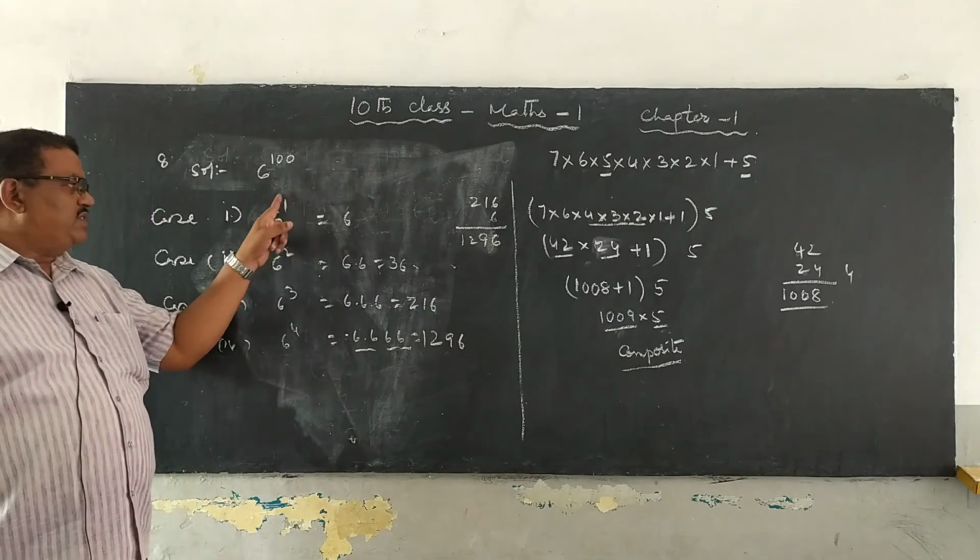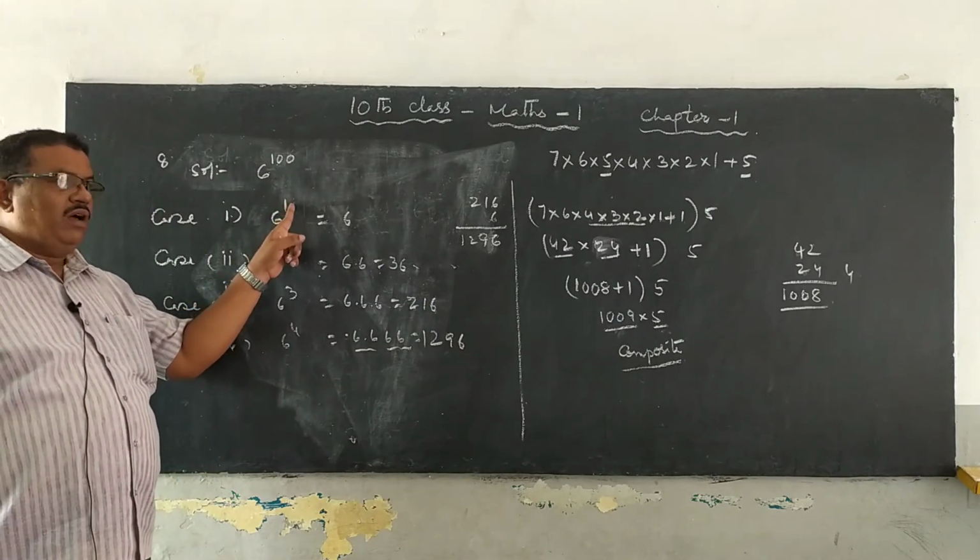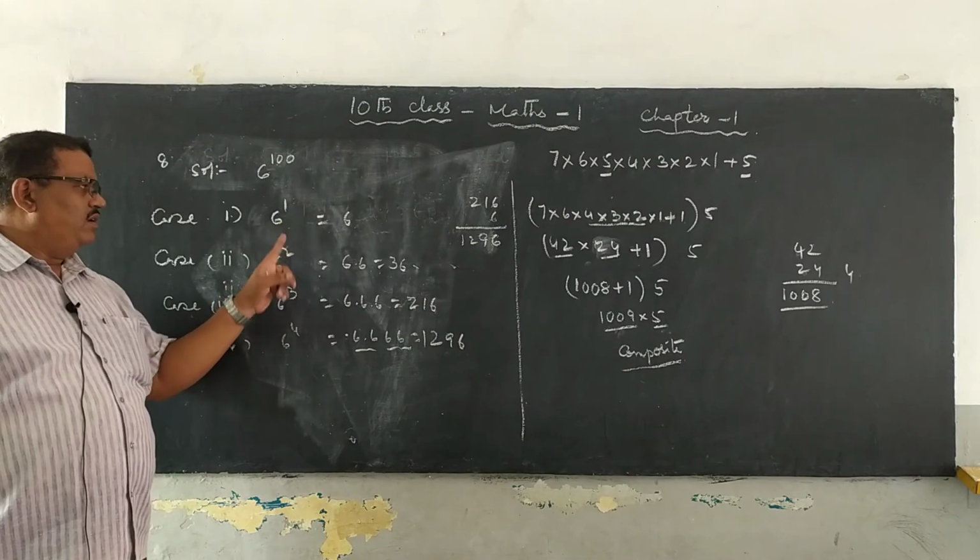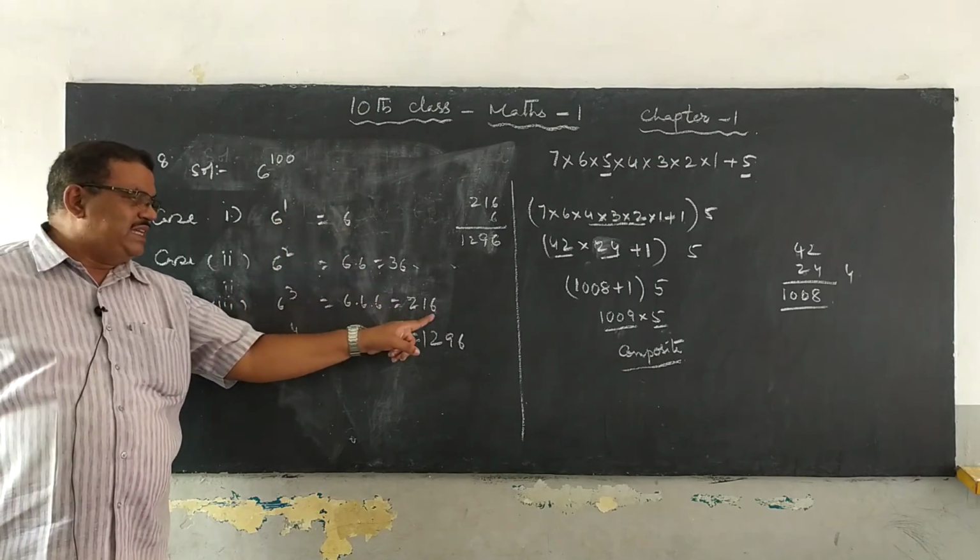Whether the power of 6 is even or odd, the unit digit of the number ends with the digit 6.